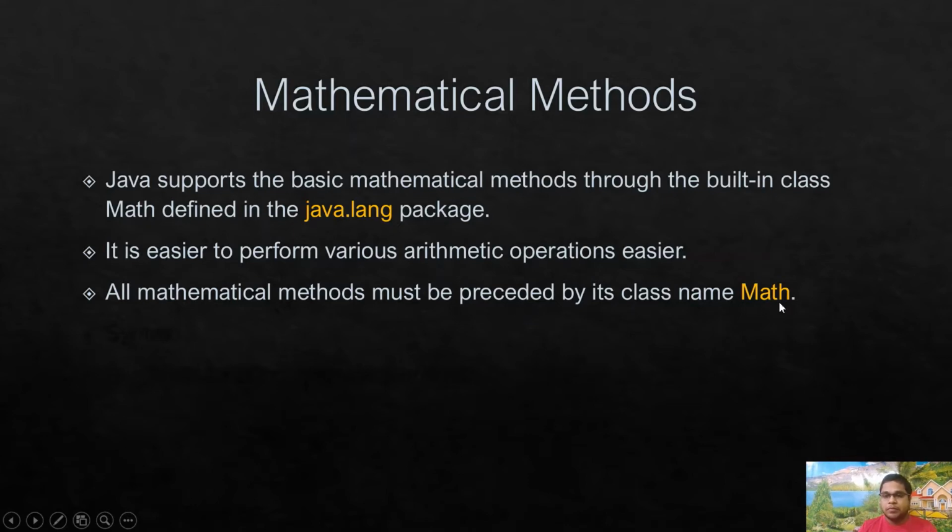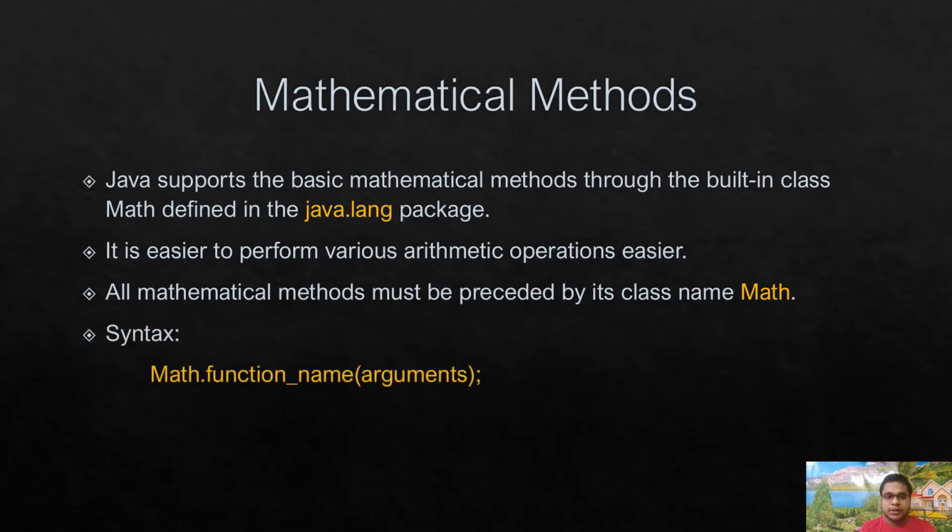If you use any method, like calculating the square root of a number, then you have to precede the function with the Math class, that is Math dot sqrt, so that you can calculate the square root of that number. Here is the syntax: first write the Math class, dot, then the function name.